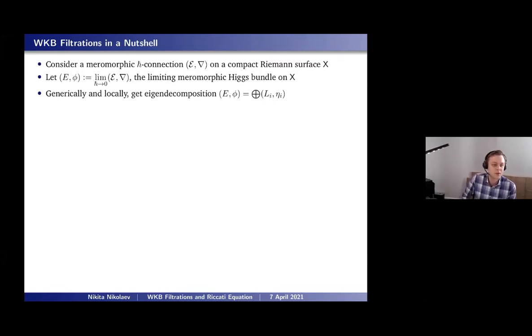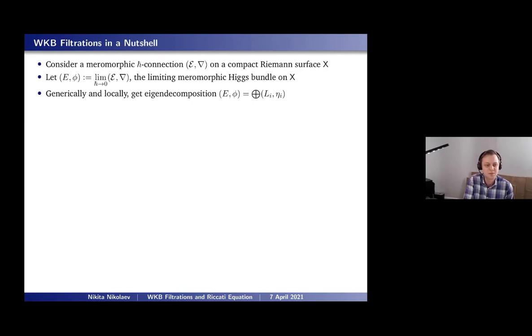So if I have one of the meromorphic Higgs bundles, then generically and locally, so locally away from branch points, points where the eigenvalues collide, and in generic situations, in terms of the discriminant of my endomorphisms, etc. So once all these genericity assumptions are satisfied, then locally I can always decompose my Higgs bundle into a direct sum of line bundles.